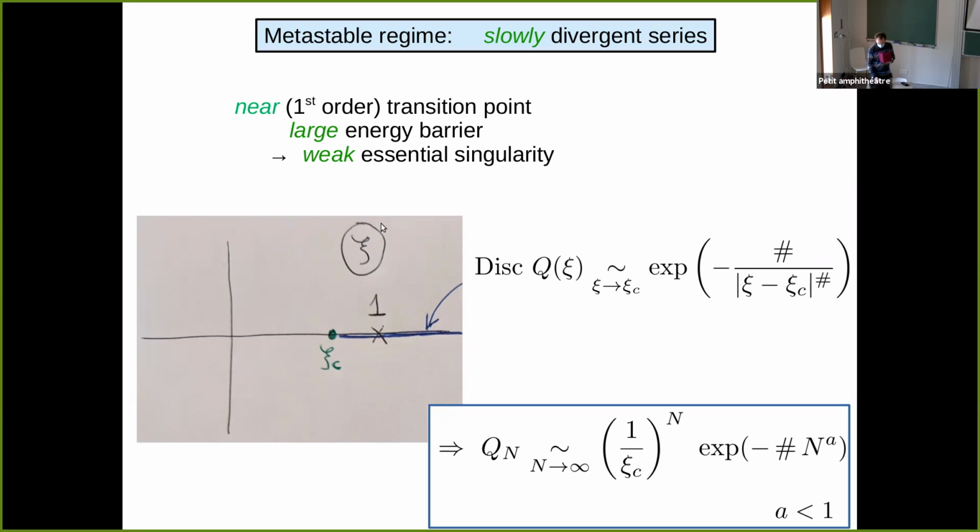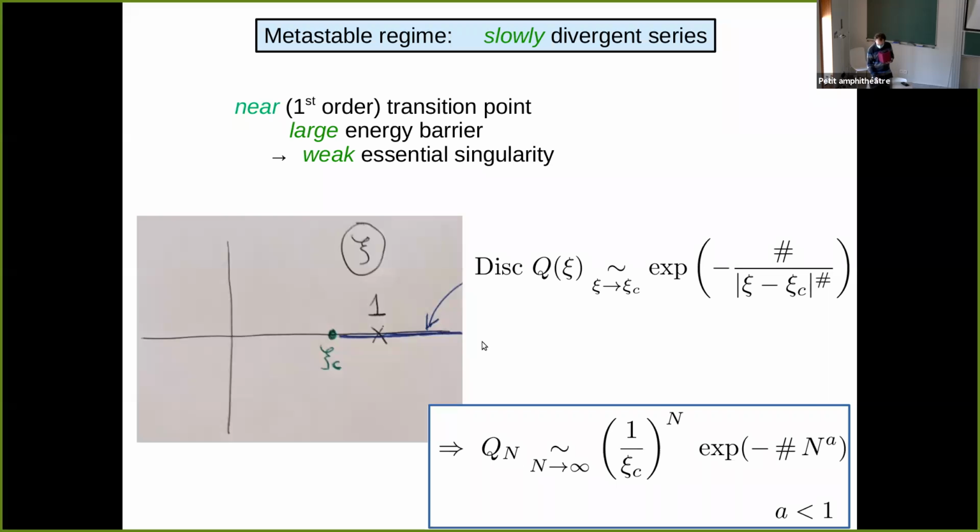And accordingly, as a function of the psi, or in other words, as a function of the external field, you have a weak essential singularity. So this is quite well known in the literature. The singularity is supposed to be some weak non-analytic behavior like that. So an exponentially small discontinuity through the branch cut.